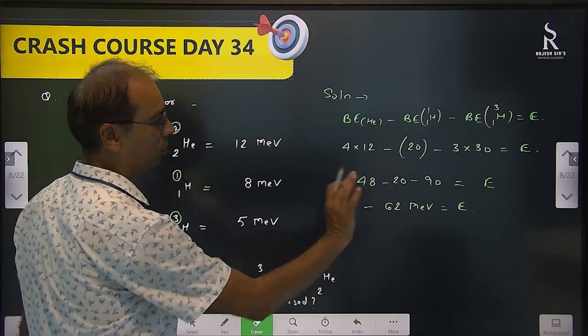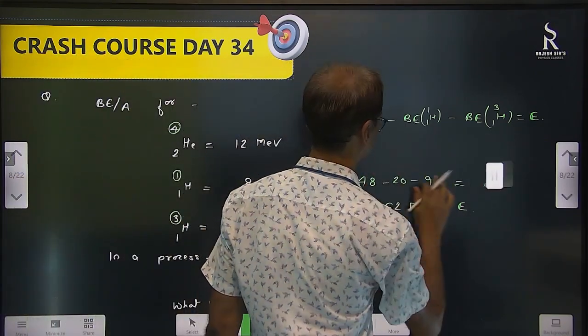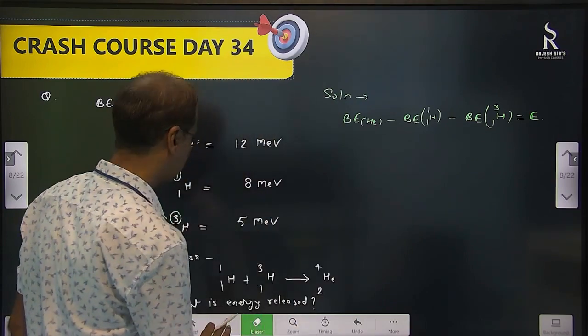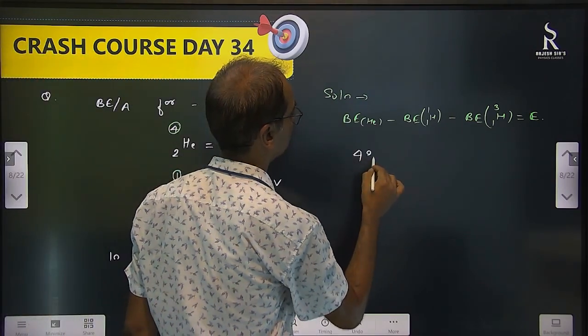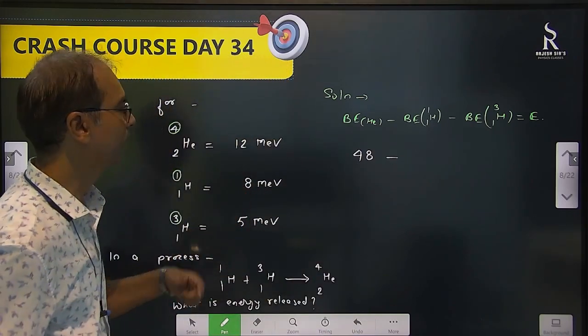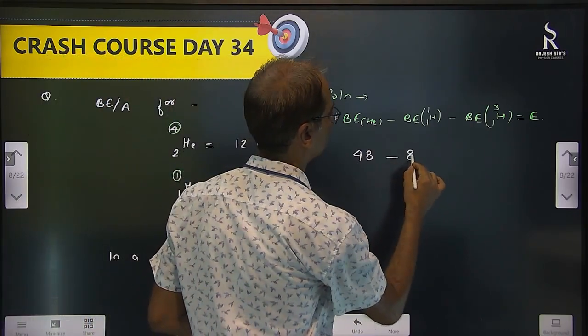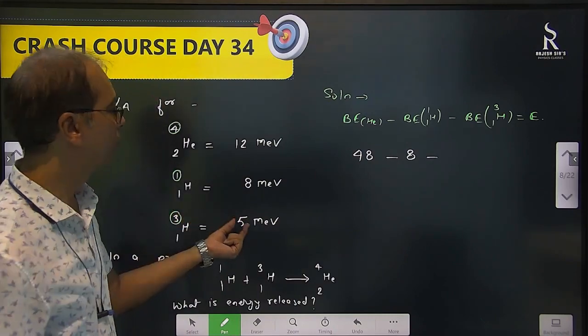Now this is 12 into 4, that is 48, minus binding energy of this 8, minus 3 into 5, 15.